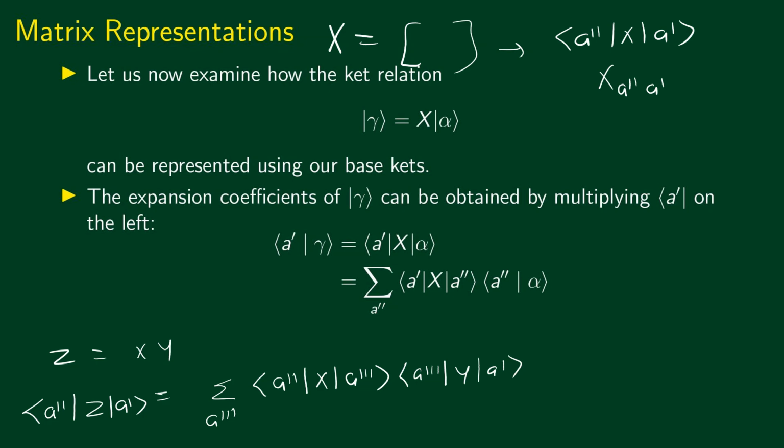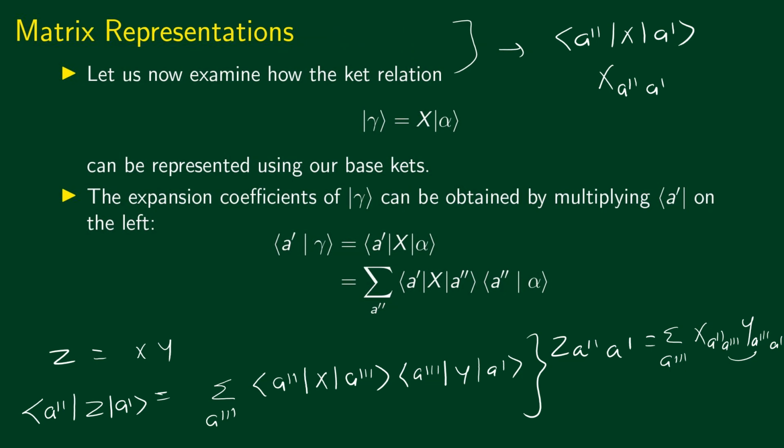This is the usual matrix multiplication rule. As we said, we wrote this in this instructive manner: Z_{A''A'} is equal to the sum over A''' of X_{A''A'''} and Y_{A'''A'}. So this is the usual matrix multiplication.